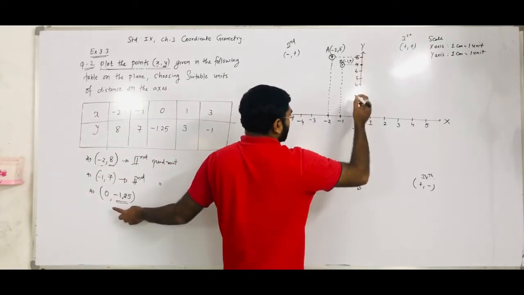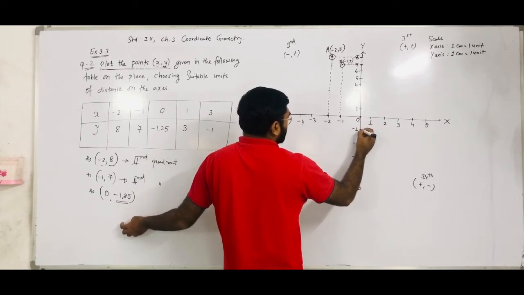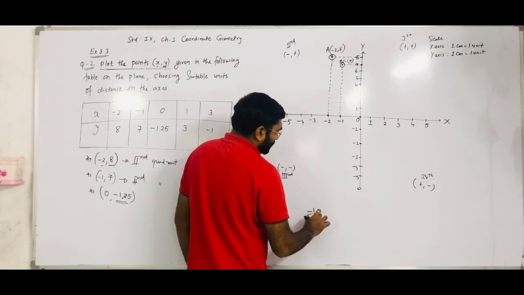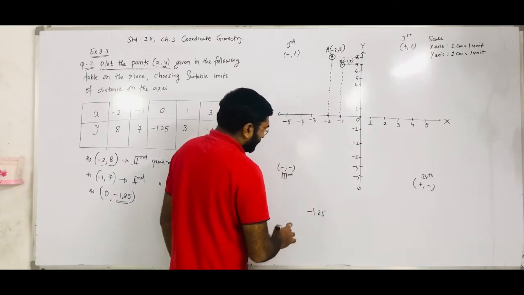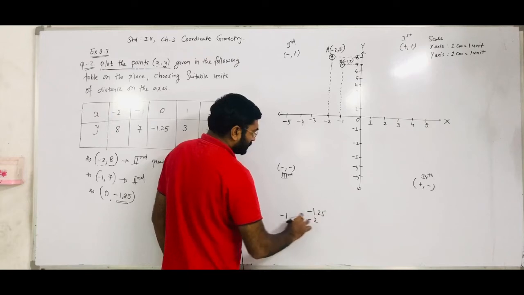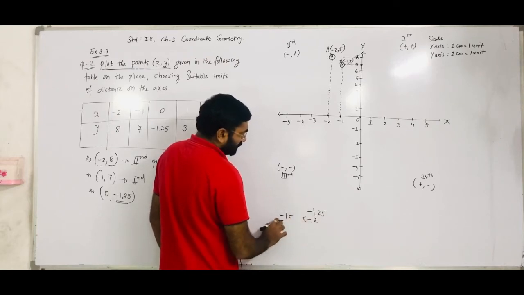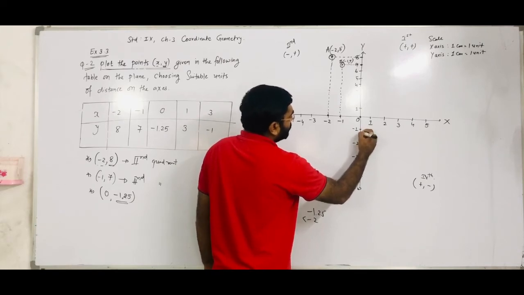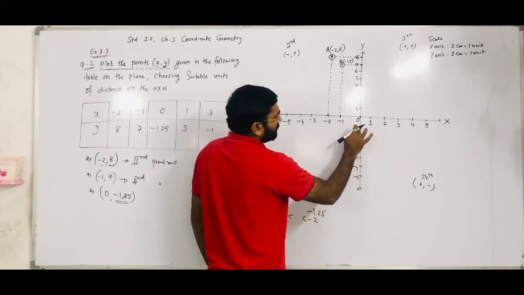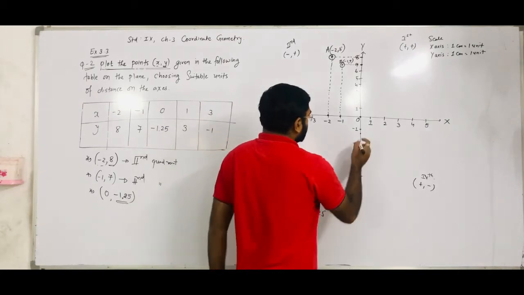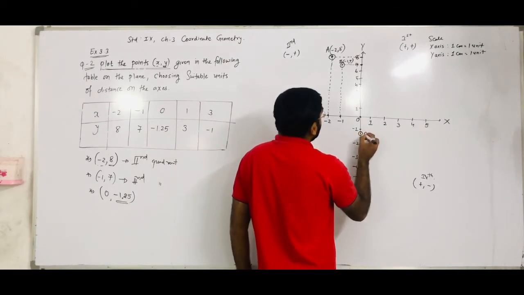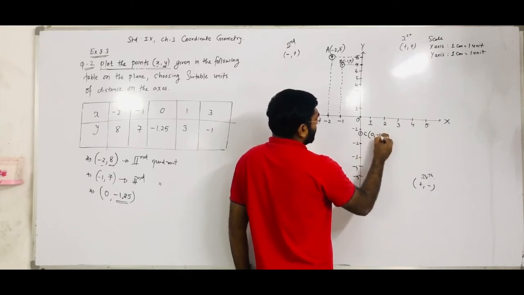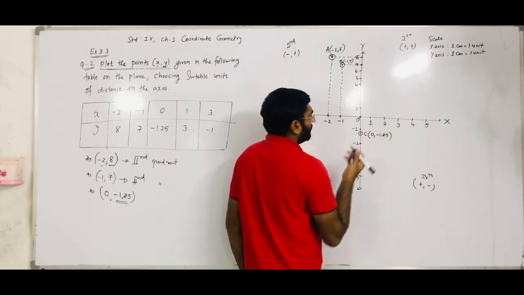On the y-axis, minus 1.25 is here, in between minus 1 and minus 2. See, minus 1.25 lies between minus 1 and minus 2. So here we can represent the C point, the third point, whose x coordinate is 0 and y coordinate value is minus 1.25.